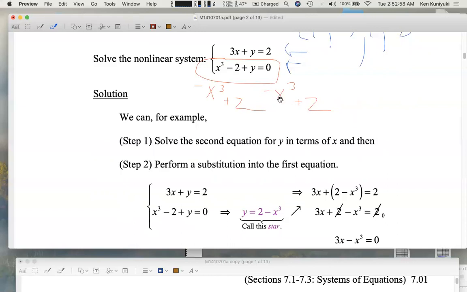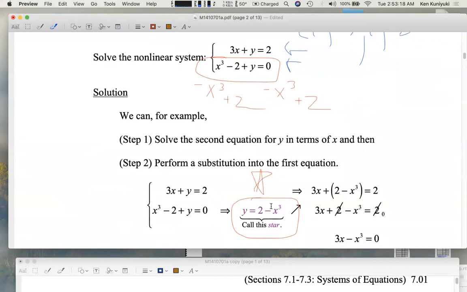That might be a nicer way of writing that. So again, the second equation here can be rewritten as y equals, see y is all alone on the left side. After you do all this, y equals 2 minus x cubed. I'm going to circle this, and I'm going to call this star because we're going to use this later on.